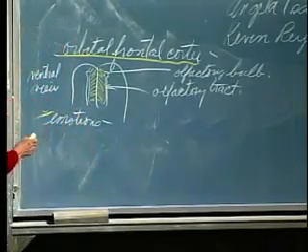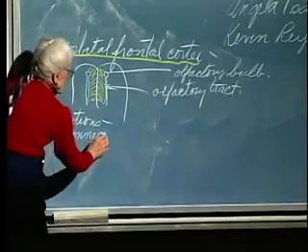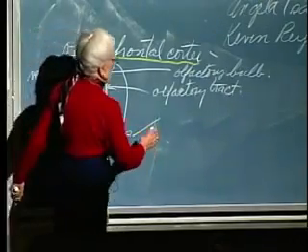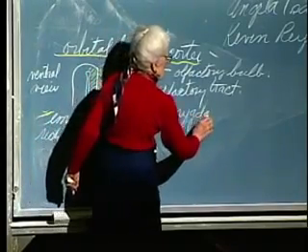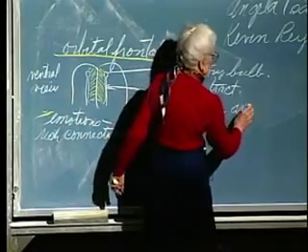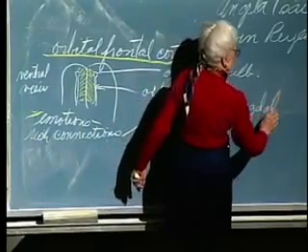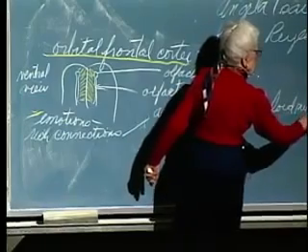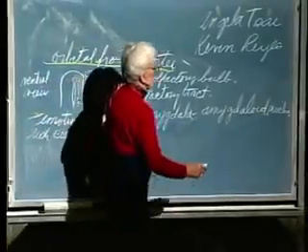It has rich connections with the amygdaloid nucleus or amygdala. Amygdala, that's the noun, or amygdaloid nucleus, if you see it that way. And one of the emotions that the amygdaloid deals with mostly is fear.